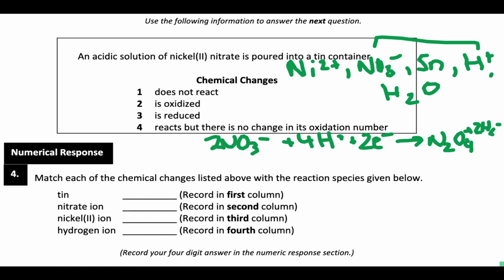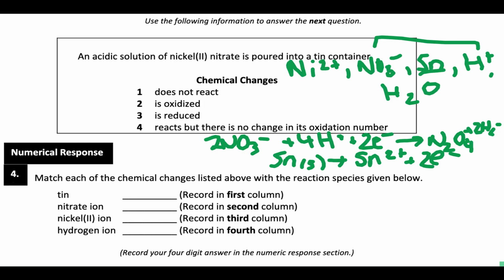Then the second part is tin is your strongest RA, so tin solid reacts and gives you Sn2 positive plus 2 electrons. So here are our 2 half reactions that we could add together.